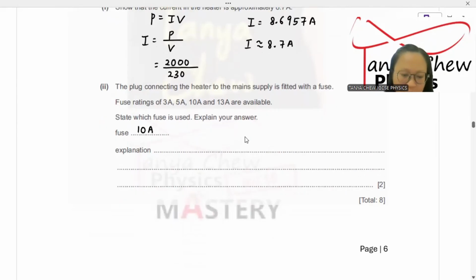The explanation is that fuse rating is the maximum current that is allowable to flow through the fuse. What is the function of the fuse? Fuse is to protect the electrical appliance, right? So the fuse rating must be a bit higher than the current required by the appliance.